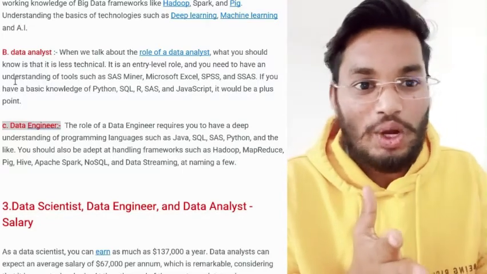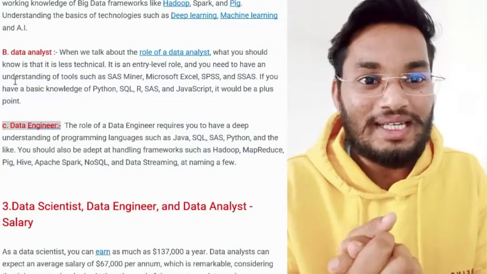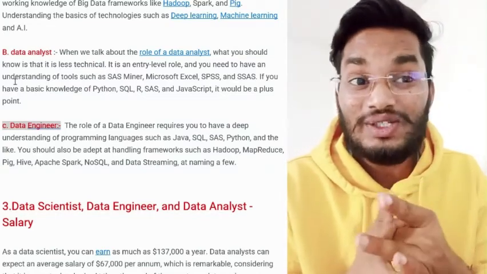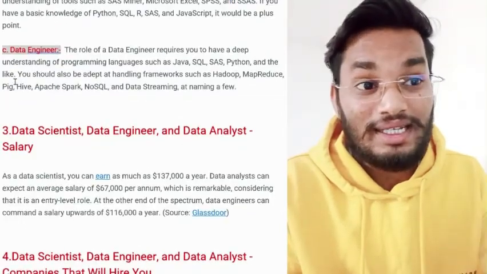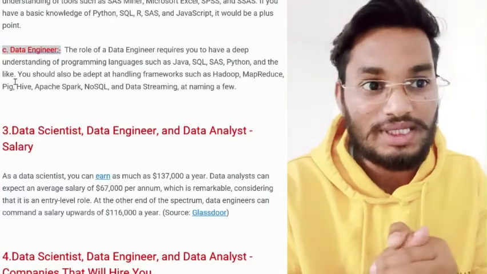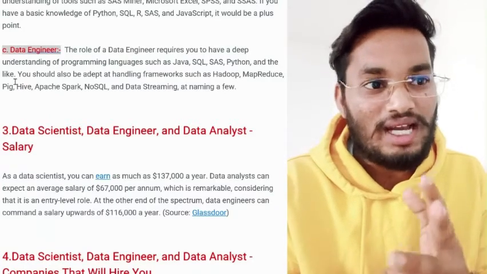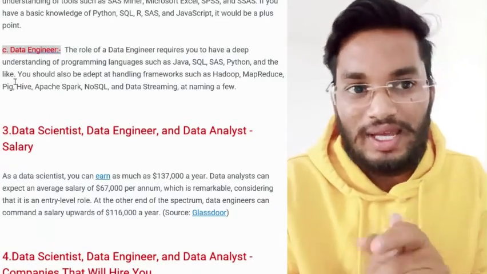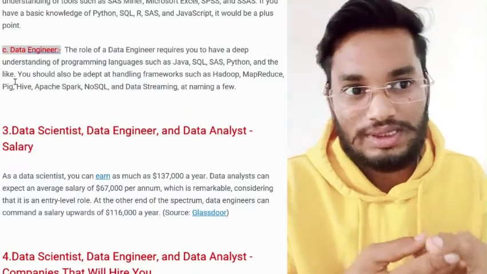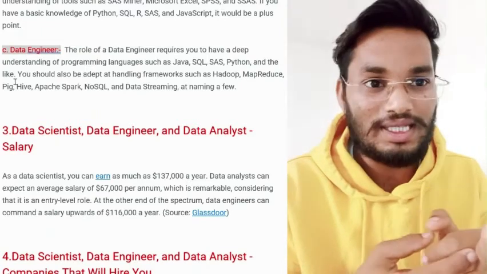Next, let's talk about the most preferred job, the data engineer. That job requires a deep understanding of programming languages such as Java, SAS, Python, and so on. So you should know the coding skills.